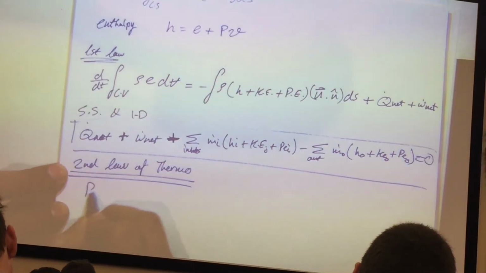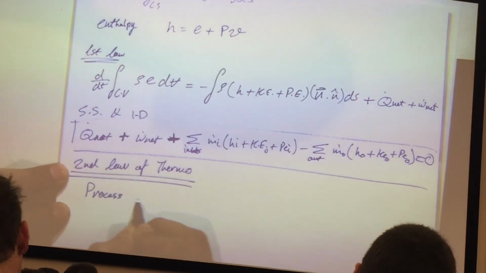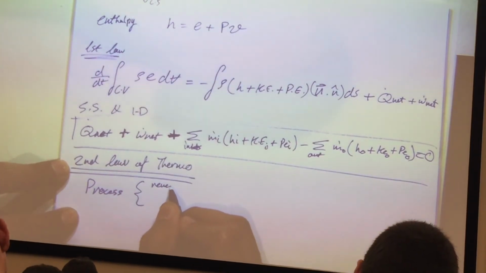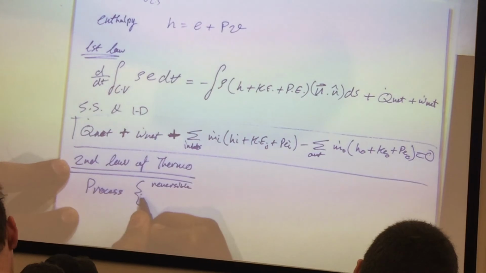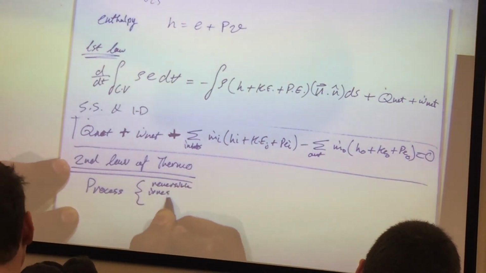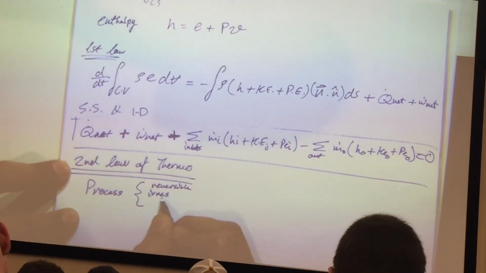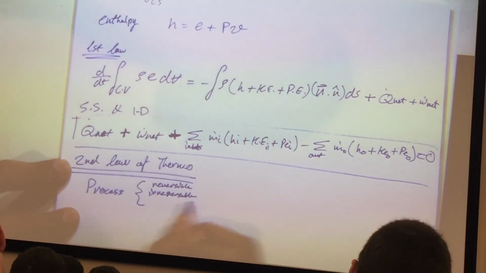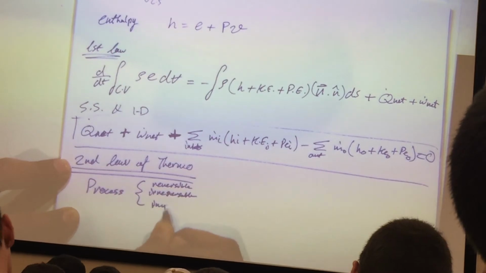I have processes that the second law says: I have a reversible system, an irreversible system, and an impossible system.